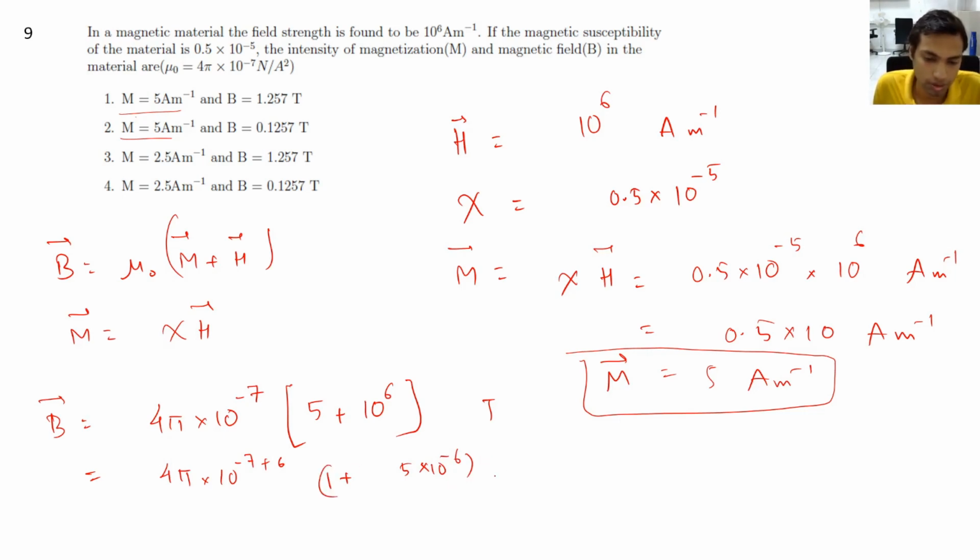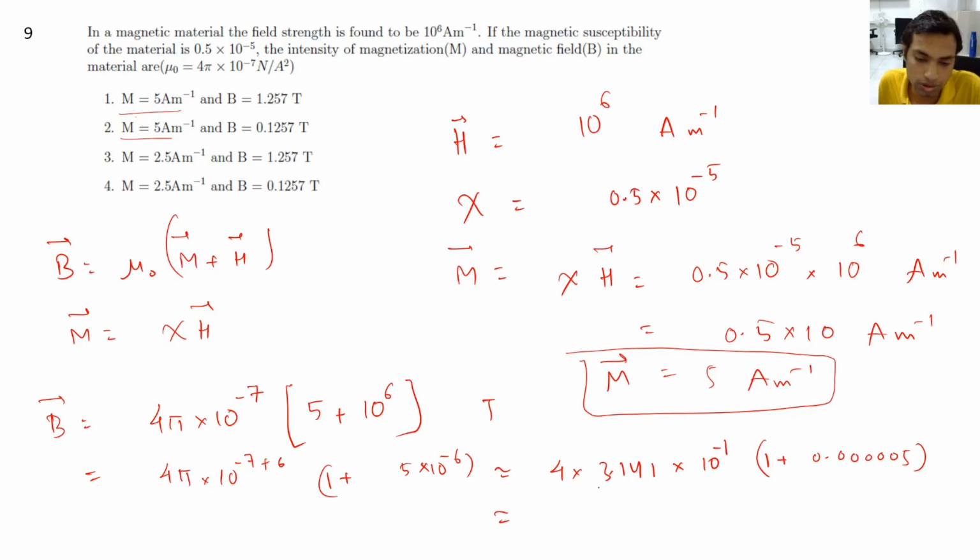Okay. So let us calculate 4 pi. So it is 4 into 3.141 into 10 to the power minus 1 into 1 plus 0.12345. This is so small that we can simply neglect this.